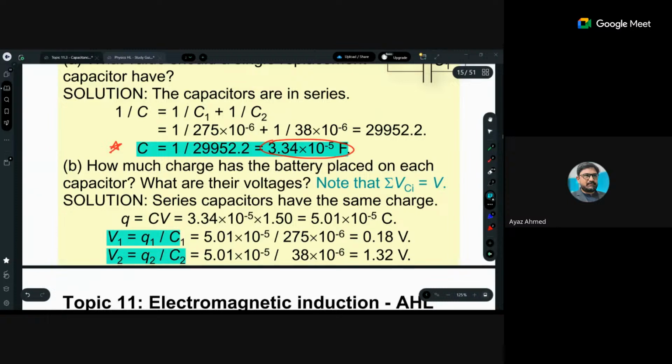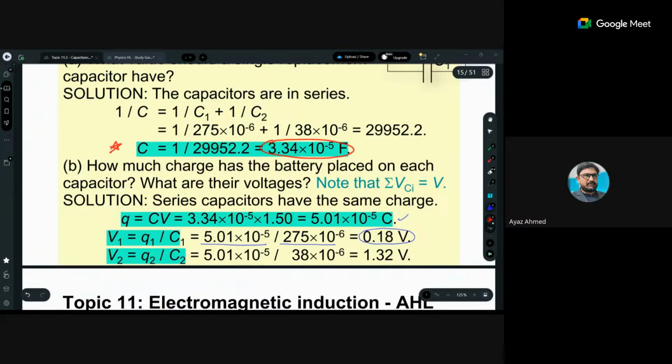Using capacitance and voltages, you got 5.1 into 10 to the power minus 5 coulomb. This is used in both cases, divided by 275 exponent minus 6, you got 0.18 volt.